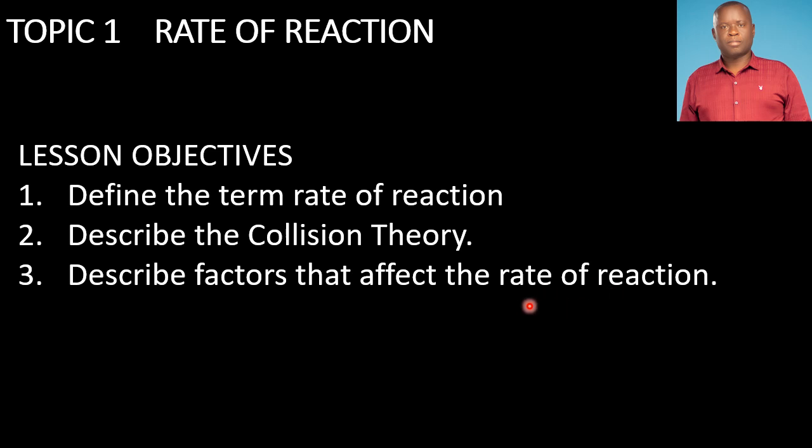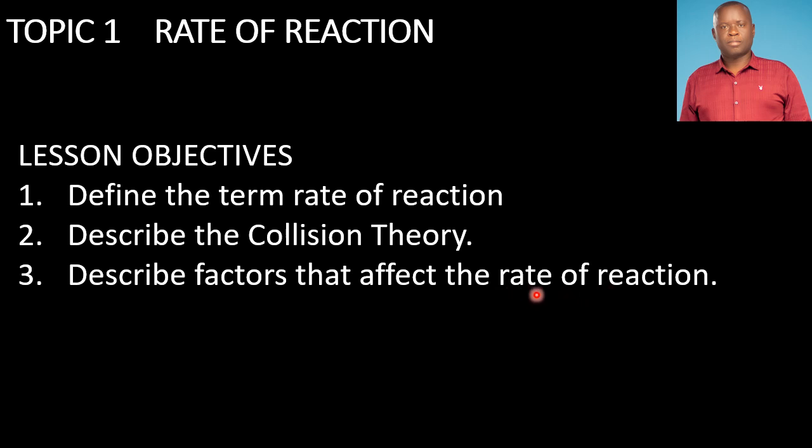You have looked at chemical reactions before in Form 1, for example. That's where you learned about chemical reactions for the first time, where you defined a chemical reaction as simply the rearrangement of atoms to form new products.